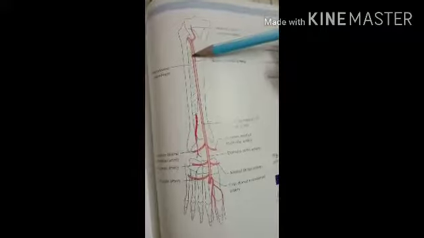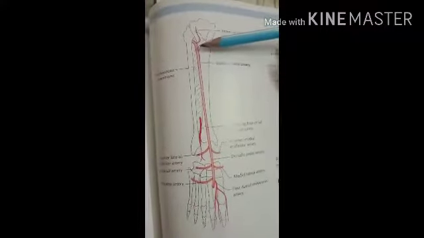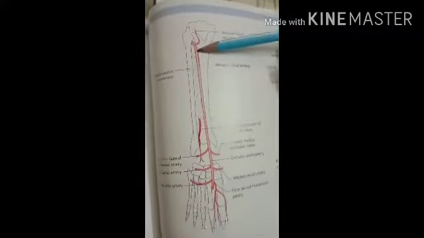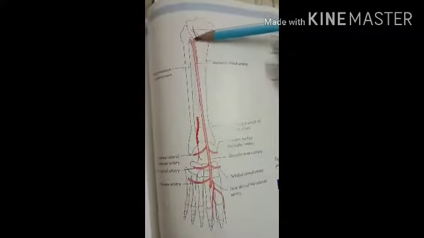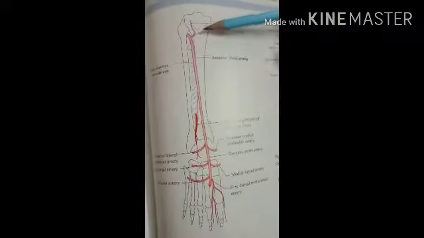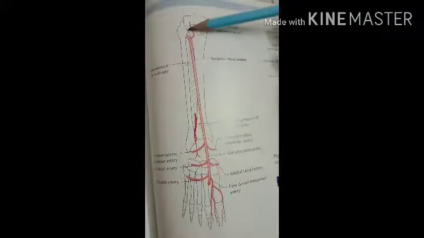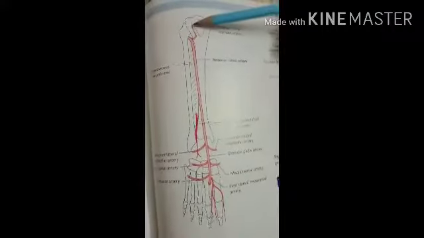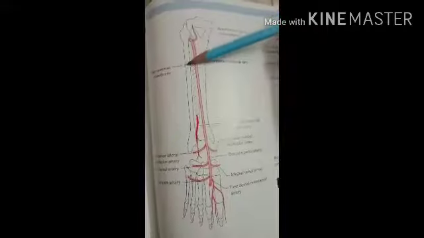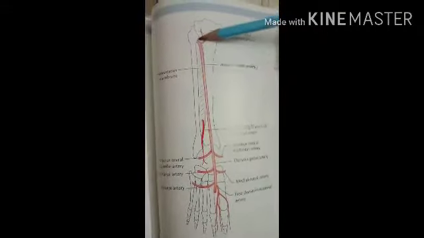It begins at the back of the leg at the lower border of the popliteus muscle. Then it enters into the anterior compartment of the leg by passing forwards close to the fibula, through the opening in the upper part of the interosseous membrane. Here you can see the interosseous membrane, and this artery comes out from its upper part.